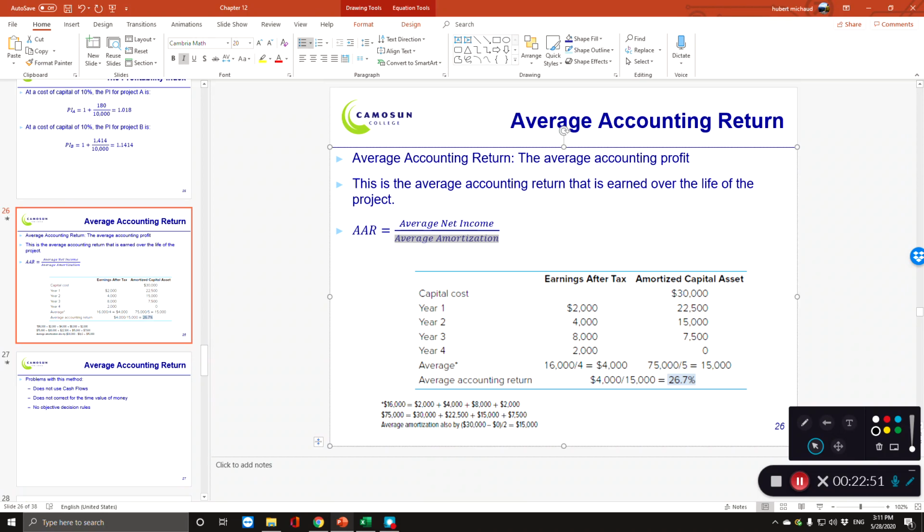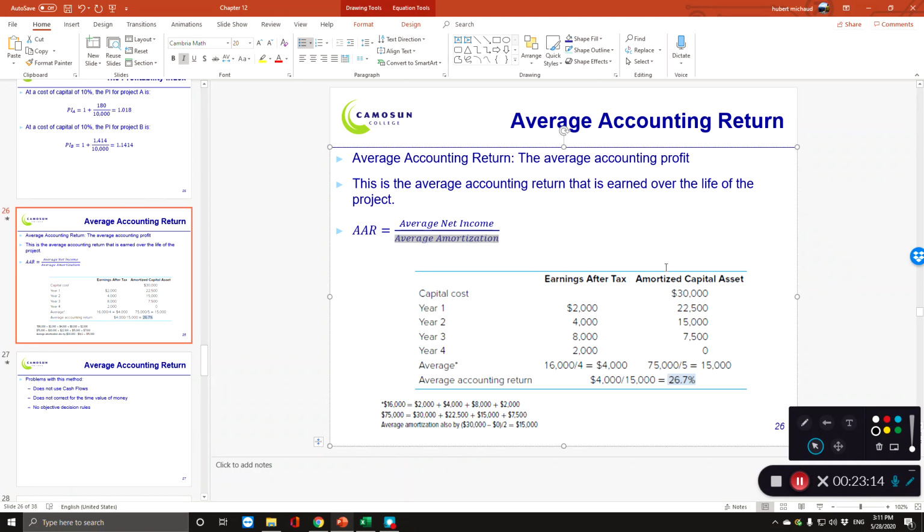It was the same with the inventory, if you remember correctly. Half of the EOQ, the economic order quantity, was our average inventory. So here, if I just take 30,000 and divide it by 2, it gives me my average amortization, 15,000. Both are ways to calculate the same thing, and I think this method's easier.